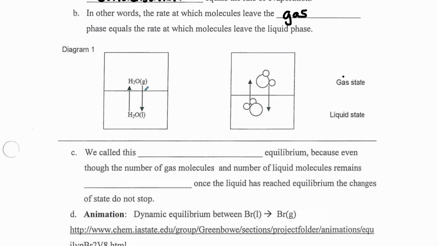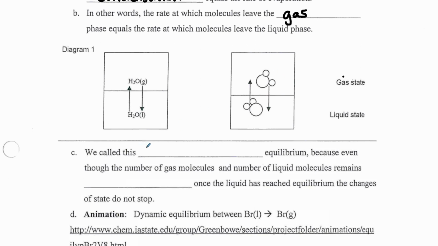So that's kind of what this is showing here, right? This is the condensation, leaving the gas state and going to the liquid state. And this is the evaporation, leaving the liquid state and going to the gas state. So the evaporation happens to a certain point, and then the condensation starts to begin, and they eventually equal out so that they're happening at the same rate.